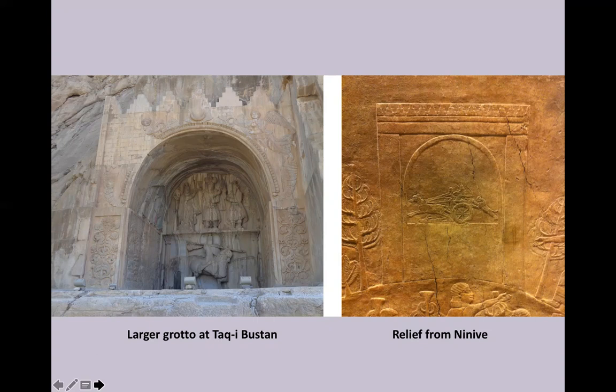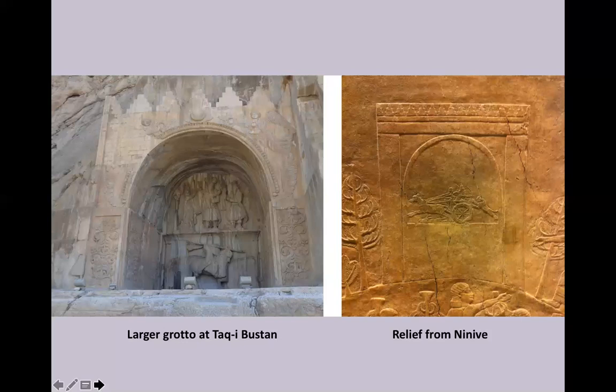One last thing about the Assyrian monument that you can see in this slide on the right. The hunting scene, the king shooting the lion, is in the upper part of this, inside the arch.